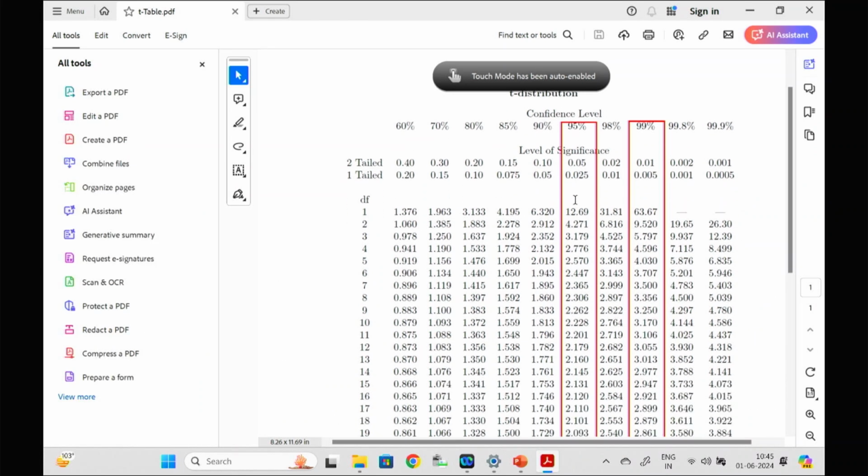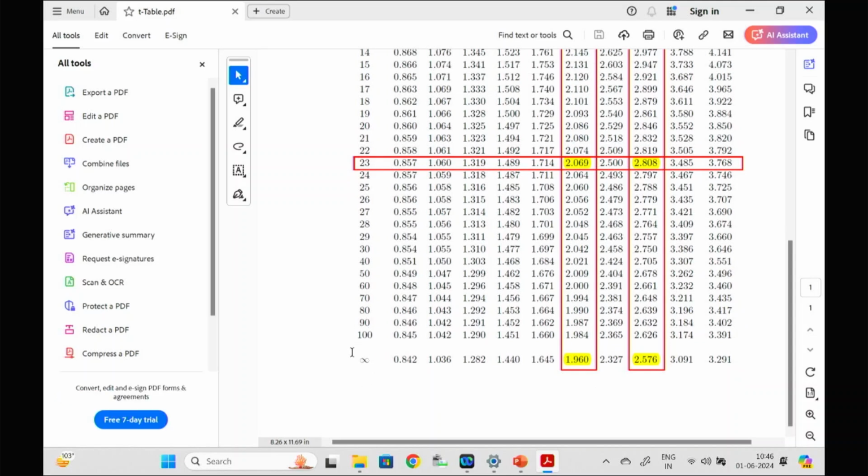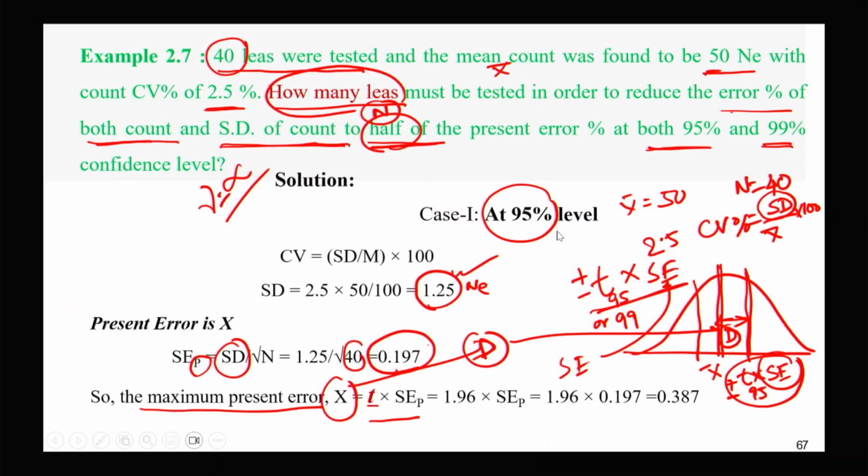This is the 95% level, and if we go down with the large sample, degree of freedom infinite, it's 1.96. So this 1.96 is the t value, and we get the maximum present error as 0.387.